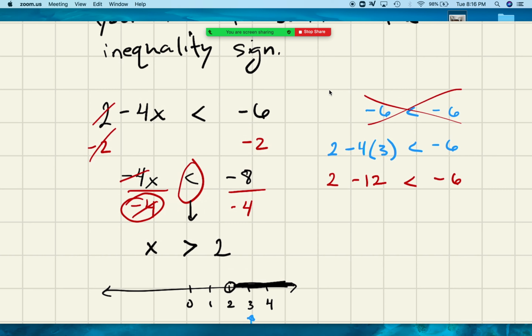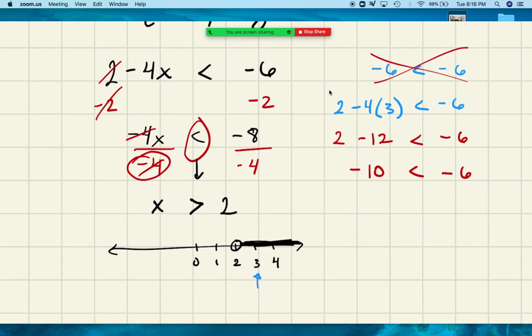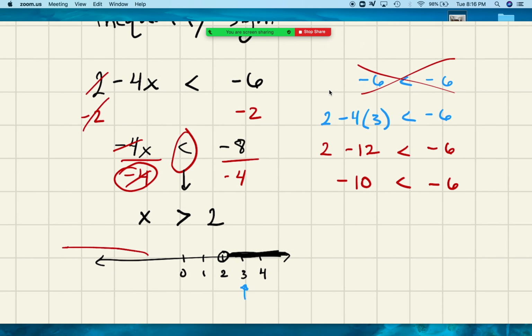And then 2 minus 12 is negative 10, less than negative 6. Negative 10 is definitely less than negative 6, because negative 6 would be here, negative 10 would be way down here.